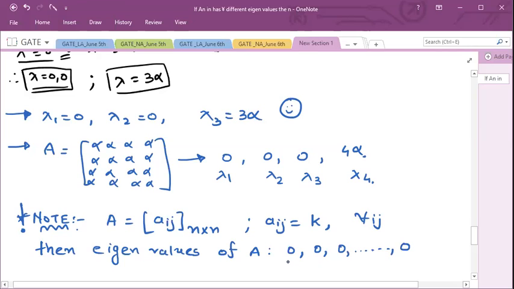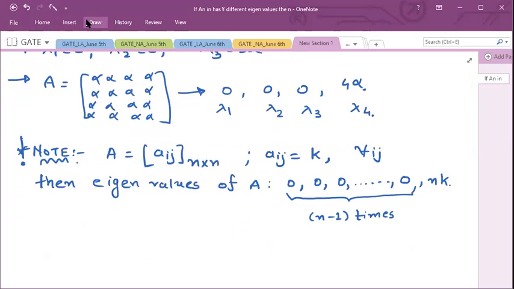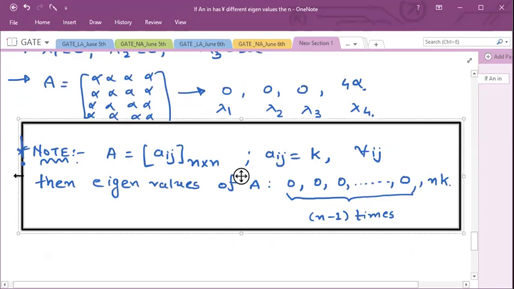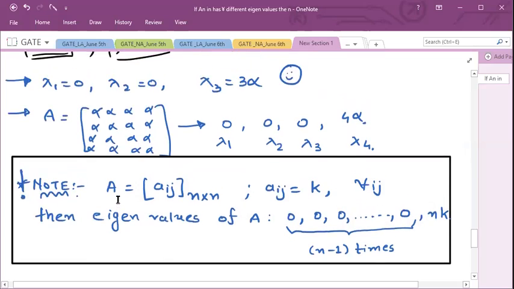If its order is n, then 0 will be repeated n minus 1 times, and the next term will be nk. So if A is your n by n matrix, where Aij is equal to k for all i, j, then its eigenvalues will be 0 repeated n minus 1 times, and nk. Is it clear or not? Please give me some response.